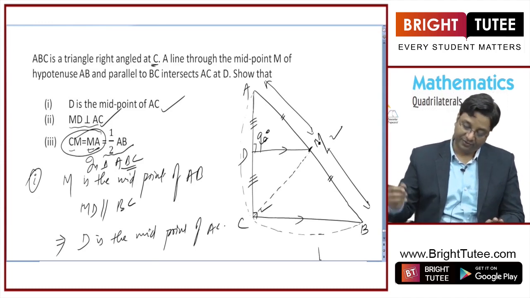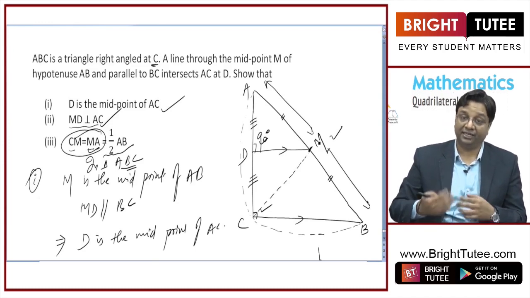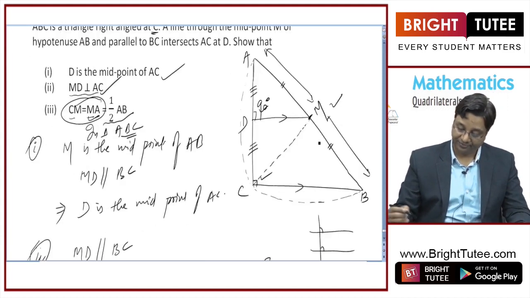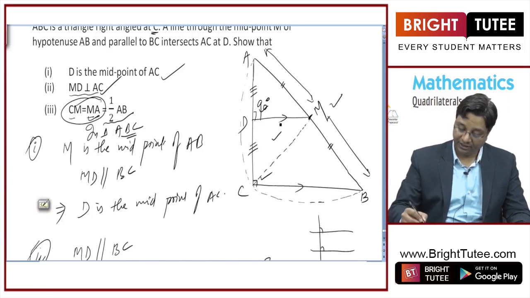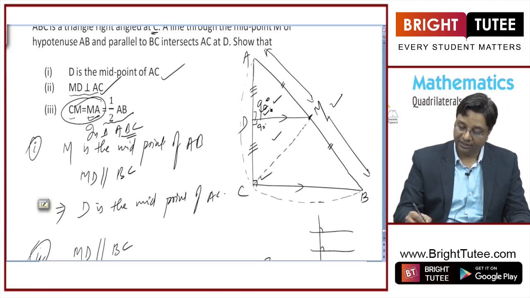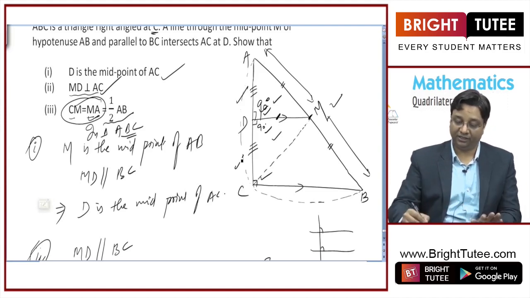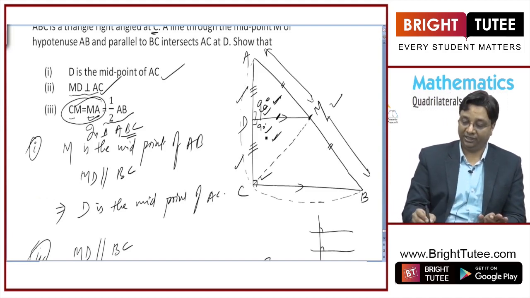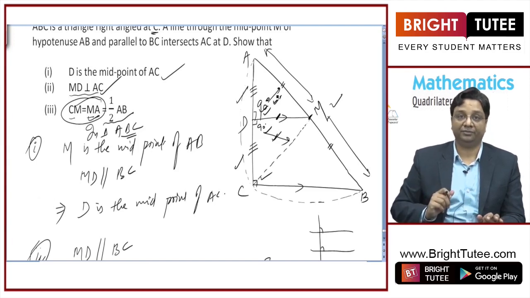The other way, the way that you will use here, is to consider two triangles. You know this angle is 90 degrees, this angle is 90 degrees, this side is common in these two triangles, and these two sides are equal. So you can prove these two triangles are congruent, and by CPCT, AM is equal to MC.